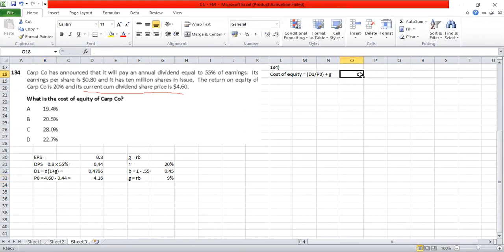Now, once we know all three variables, D1, P0 and G, substitute all of them. So 0.48 divided by P0, 4.16, plus the growth rate 0.09. So add it up.